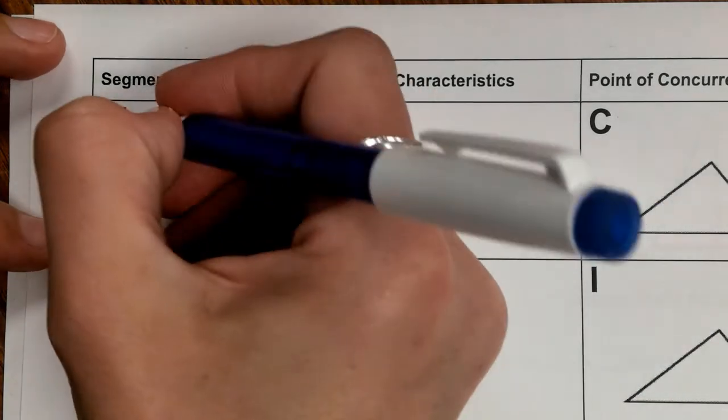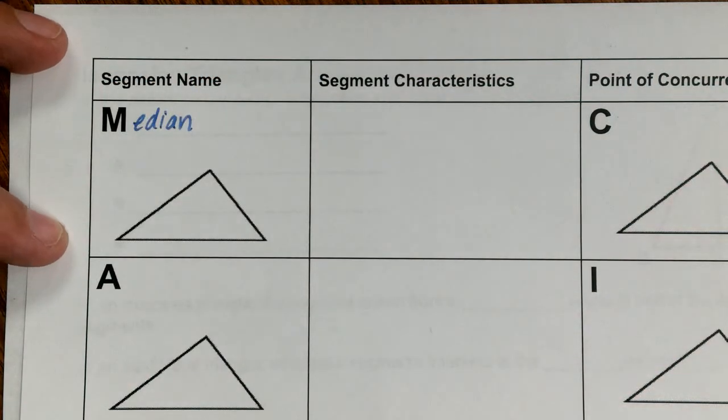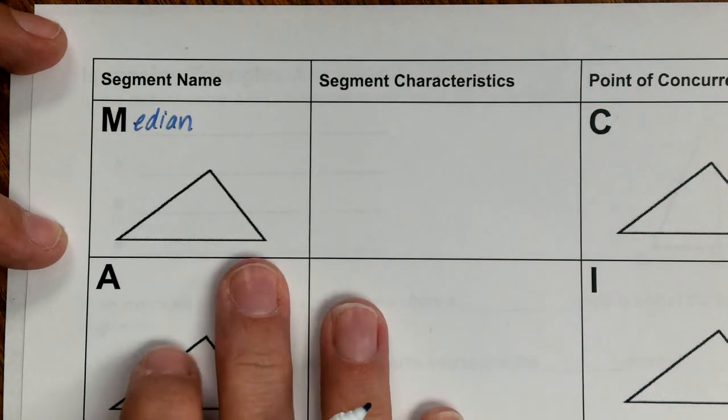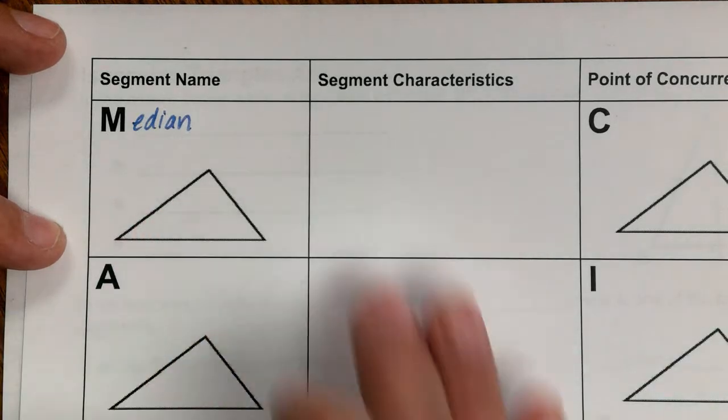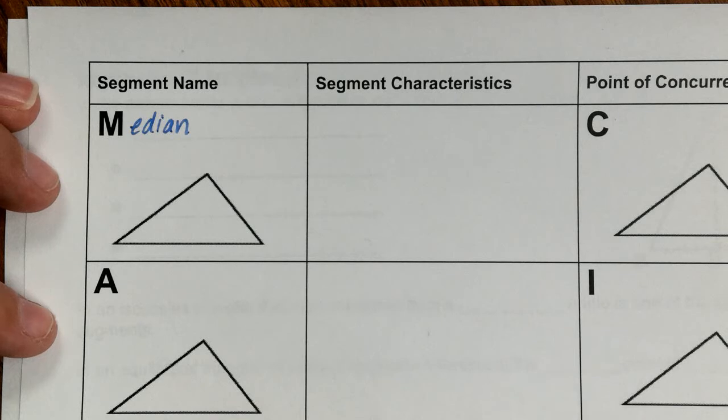The first one's going to be a median. When you think of median, we should be thinking of middle. So before we start drawing the triangle, what we did was we went through our first special characteristic that you're going to see in a median.